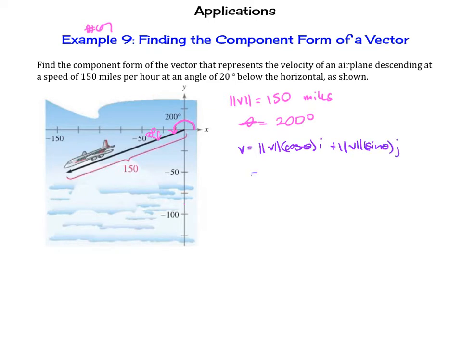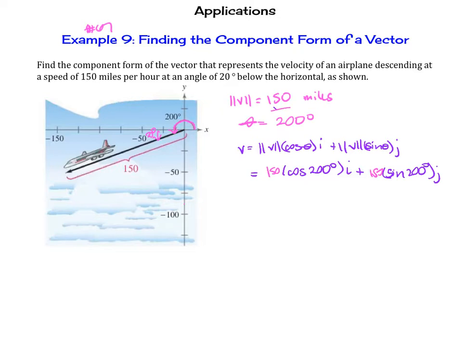So let's plug in what we know. The magnitude of v we know is 150 miles. So 150 times cosine of 200 degrees i plus 150 times sine of 200 degrees j.